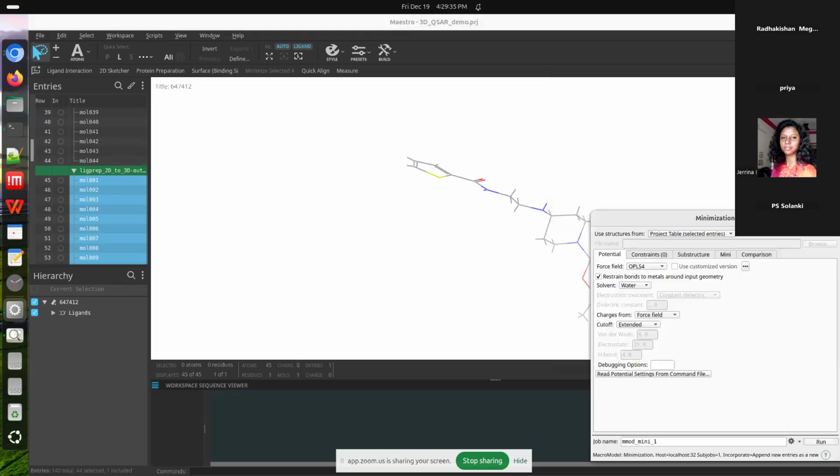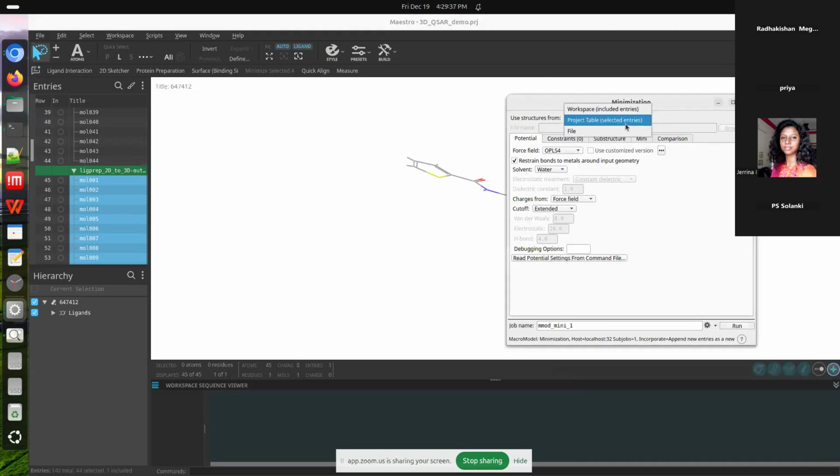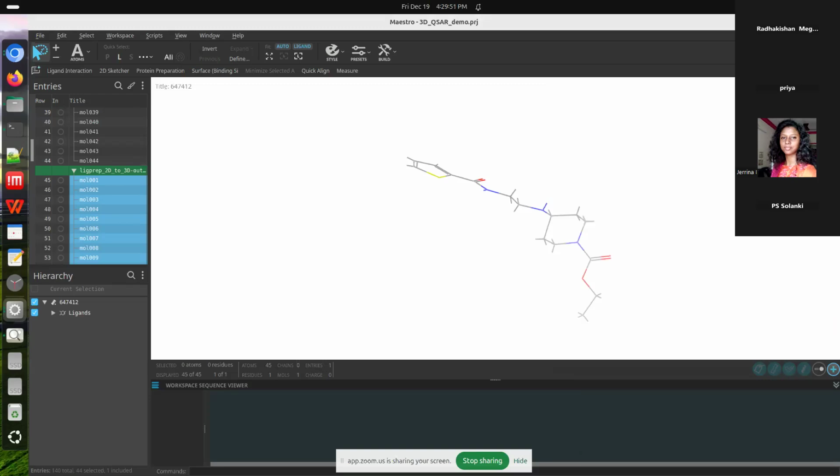When you click on that, you already have the entries selected here, and you can leave all other options as default and then just give run, so that your ligands are getting prepared for the QSAR. These are the two ways to prepare your ligands or compounds for QSAR analysis.